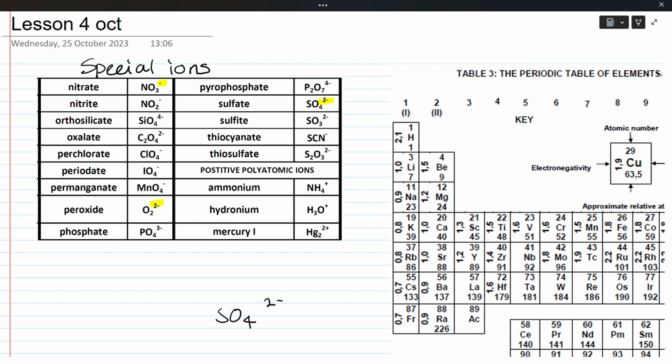If you didn't know that this is an ion and it's got a 2 minus charge on it, you would say, well, whatever sulfur is plus whatever oxygen is must give me 0. And the 0 is incorrect here. Why? Because this is supposed to be -2. So this must equal -2. So just be aware of this table. It's a very important table. Make sure you write it down and become very familiar with the different compounds and the charge that you see on here.